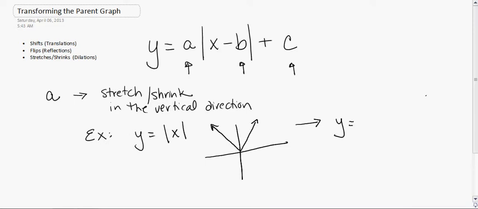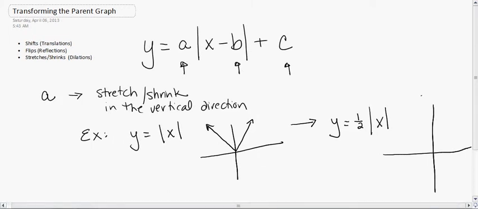Y equals, let's do 1/2, 1/2 the absolute value of x. And the graph of that function is going to be much more open. So it's still going to be a V, but I'm shrinking the vertical axis, which opens up my graph.